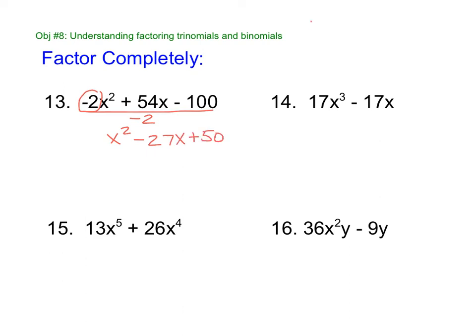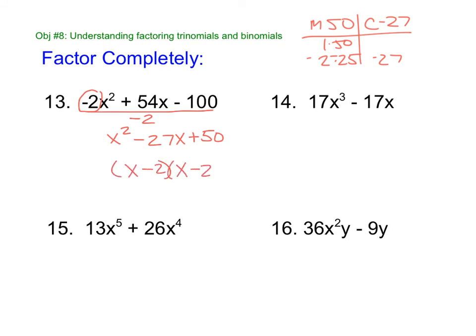So we're multiplying to 50, combining to -27. 1 times 50, 2 times 25. So it's the 2 and the 25. They both need to be negative to give me a -27. So x minus 2, x minus 25. Throw that -2 in front.